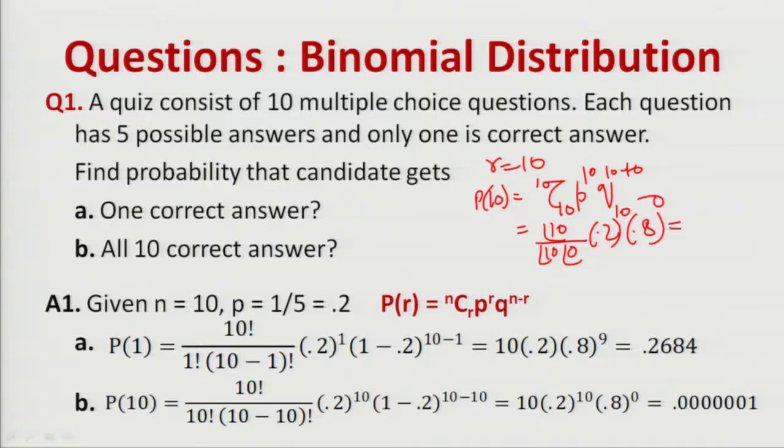This is equal to 0.00000010 approximately, that is a 0.00001% chance that a student gets all 10 answers correct. So study seriously and thoroughly, otherwise you are going to fail. Okay, next, let us move to the next question.